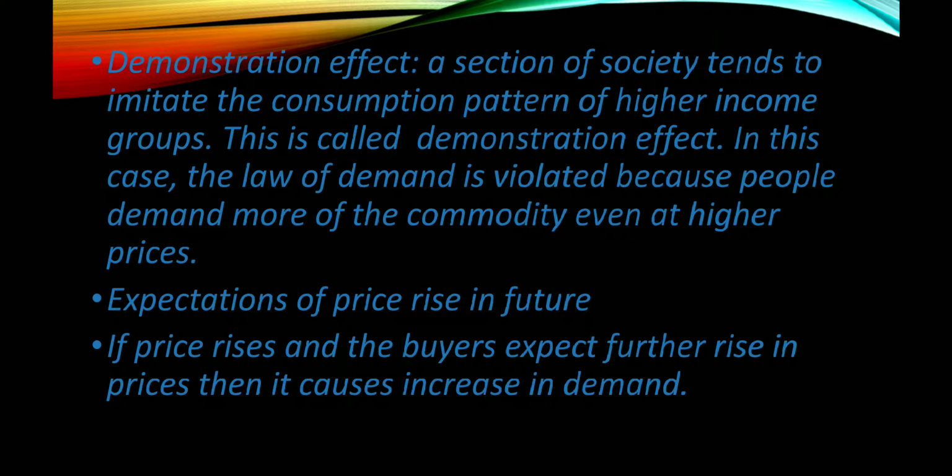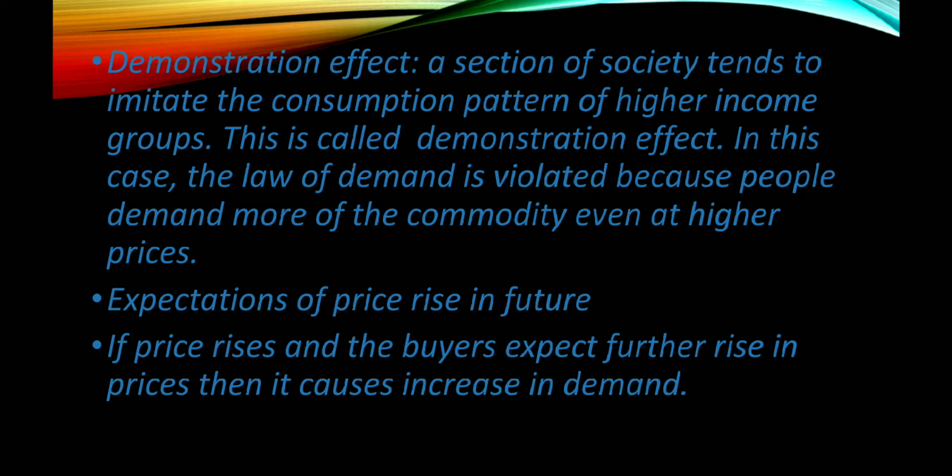Next is the demonstration effect. A section of society tends to imitate the consumption pattern of higher income groups. This is called the demonstration effect. In this case, the law of demand is violated because people demand more of the commodity even at higher prices. And another exemption, expectation of a rise in price in future.